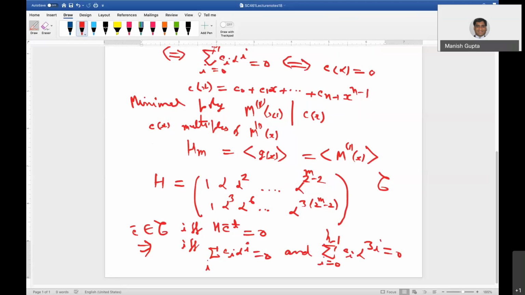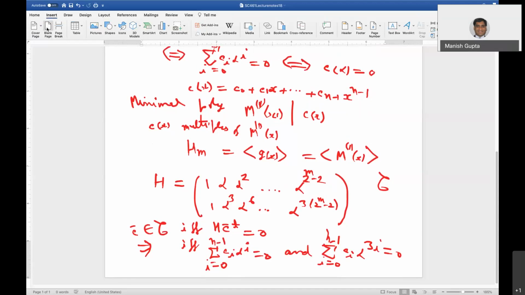So c is a codeword of this double error correcting BCH code if and only if these two are 0.